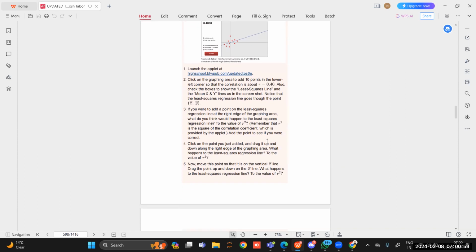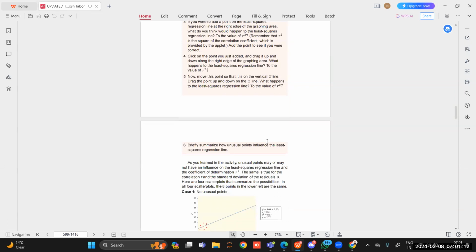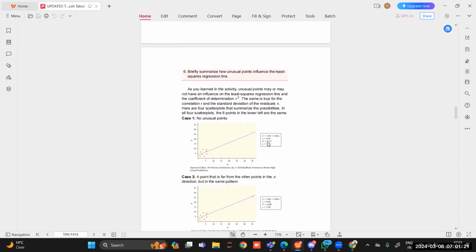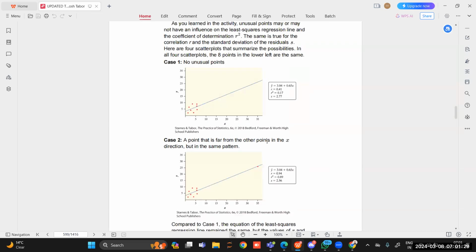He's explaining what happens to the value of r squared when we add data points to the data. You can just read it. If you add a point that's an outlier, then it will change the r squared and the correlation. See here, he has given this. It's very important.